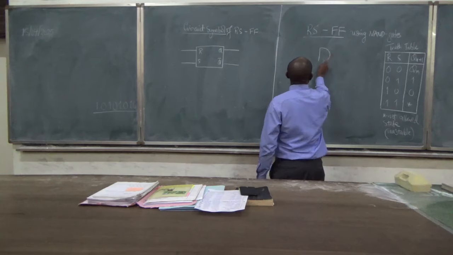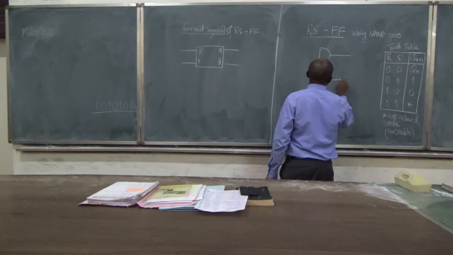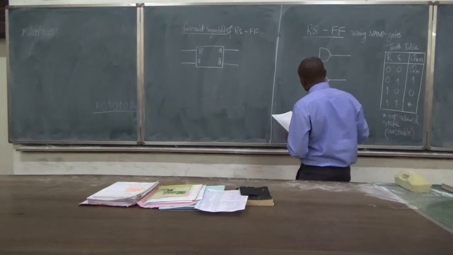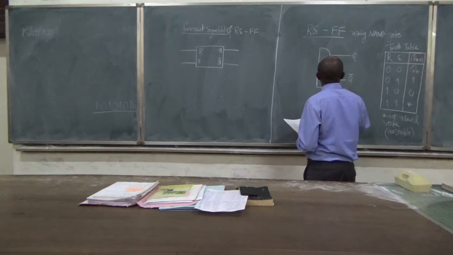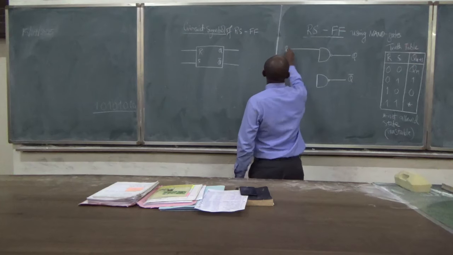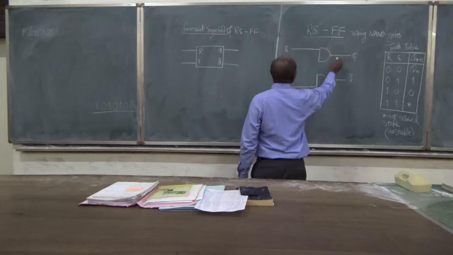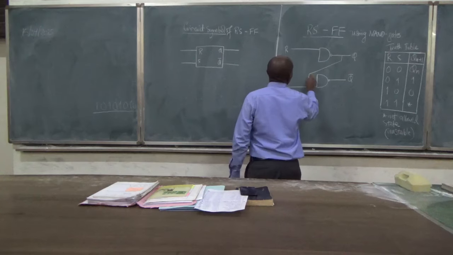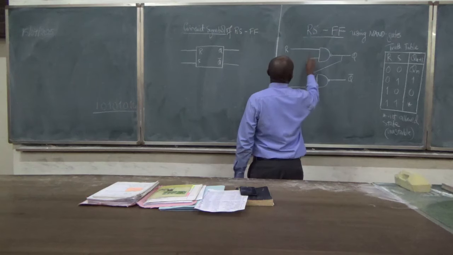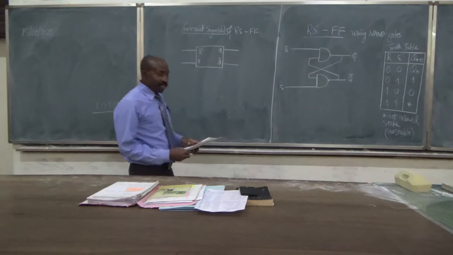We draw the NAND gates, with complementary outputs Q and Q bar, and then have a set input, and then we got this one. They are not connected.